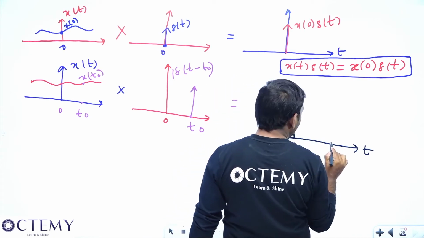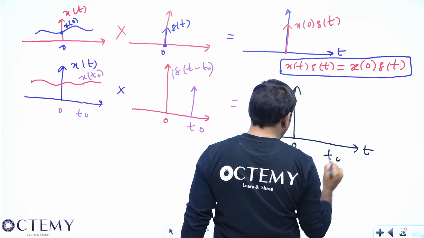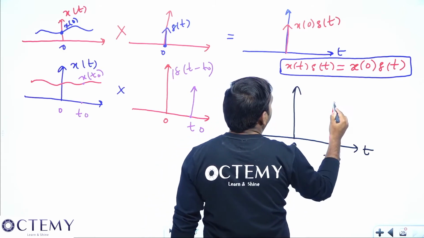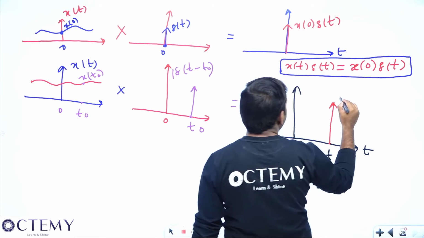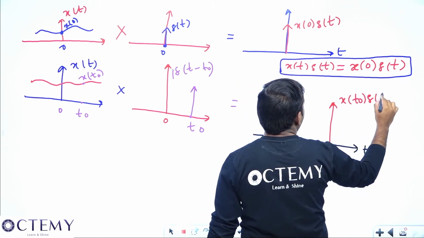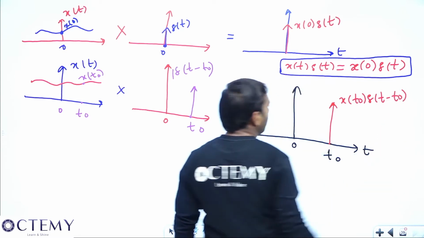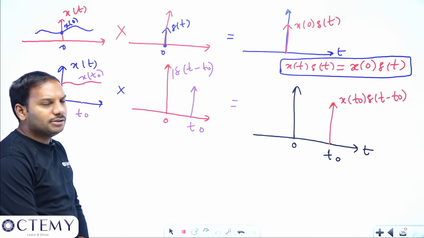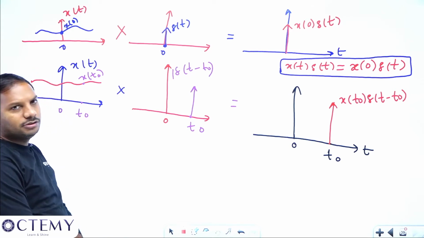So what are you getting? At t naught, you are getting an impulse function, and this value is simply x of t naught del of t minus t naught. That's it. X of t naught del of t minus t naught. Hope you understood this logic now.